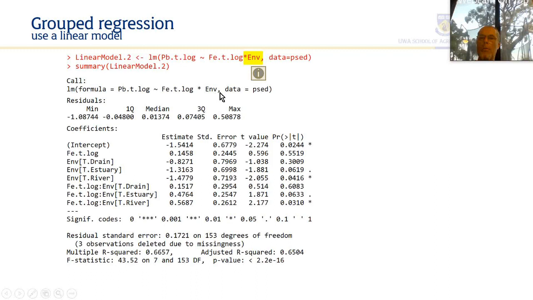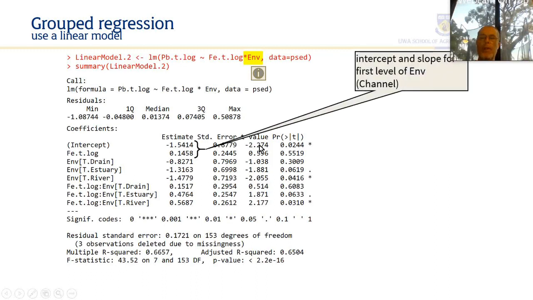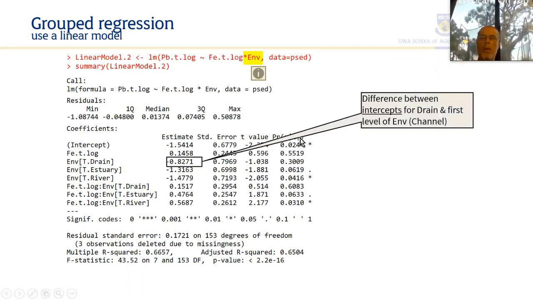Okay, so we've got an intercept and slope as we saw before, and this is for the first level of our factor. In this case, it's ENV, or environment, and that was channel. They're in alphabetical order, right? So the intercept and slope just refer to the first level in the factor that we're using to divide the data, and then it gets a little bit more complex.